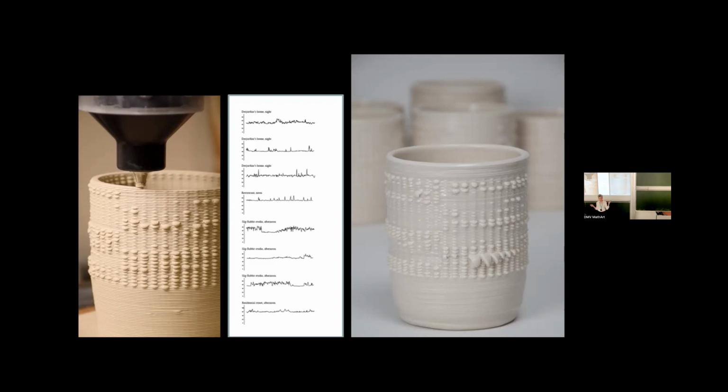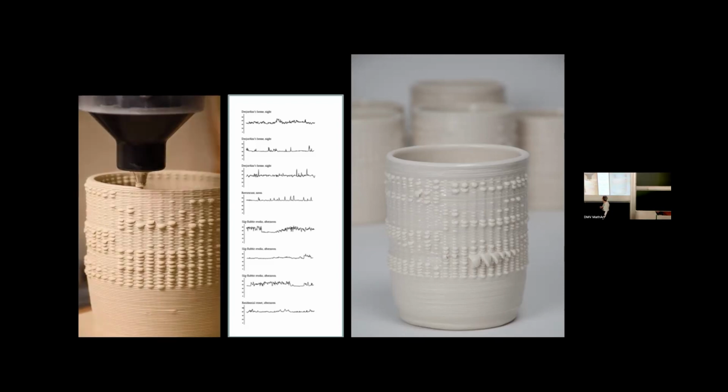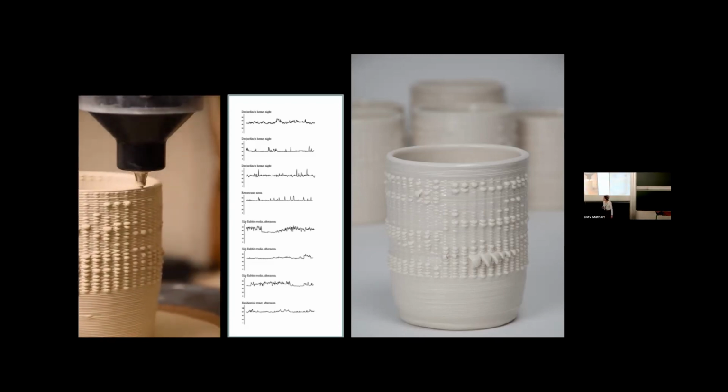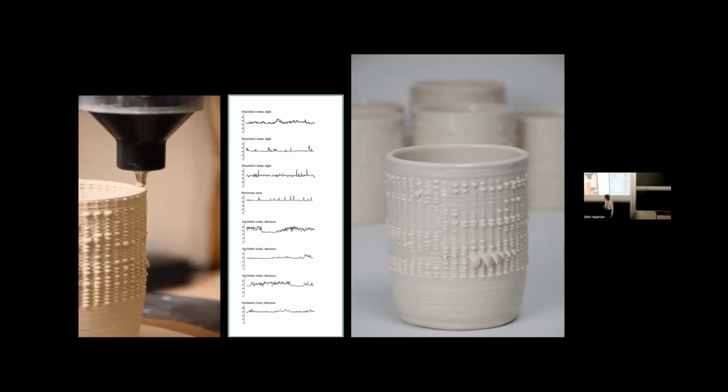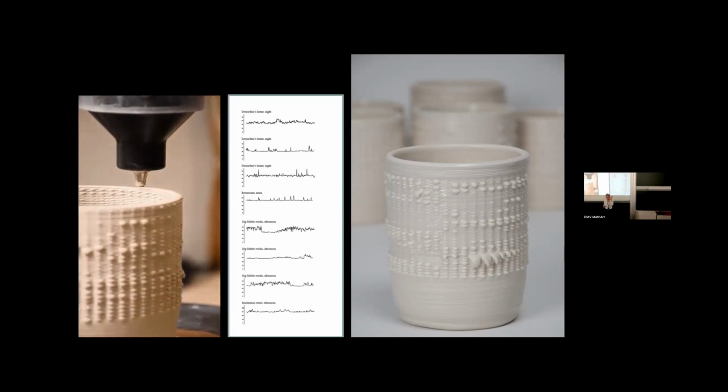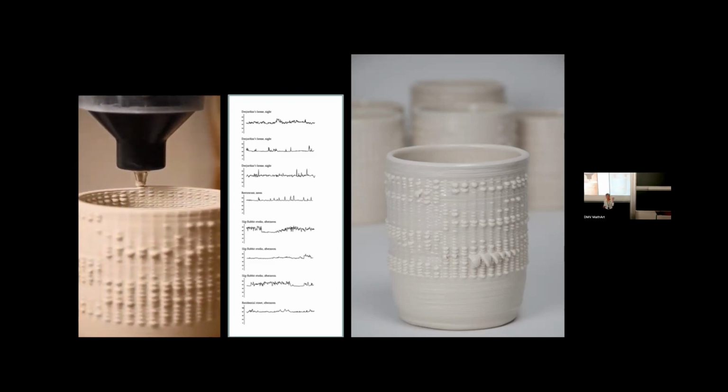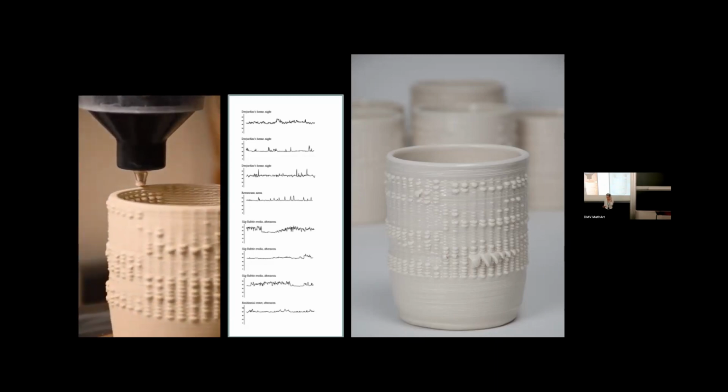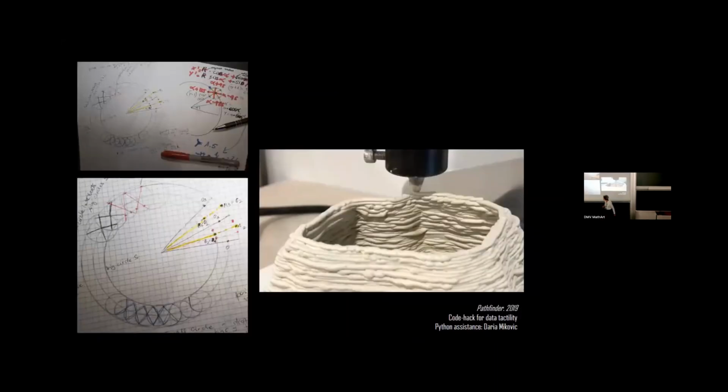And I was like, that's great, right? All I need to do is to stop the printer for lengths of time, and then I'm going to have some texture. So I don't have to design the texture anymore. The data is going to give me the texture. So you will see the printer doing that. And you see that every little dot is just a moment of pause in the movement, right? So there's an extrusion happening.